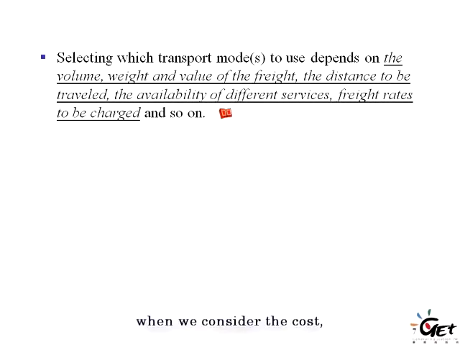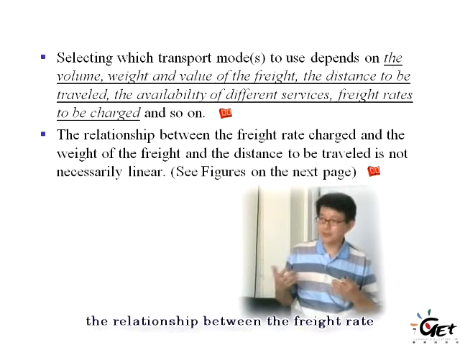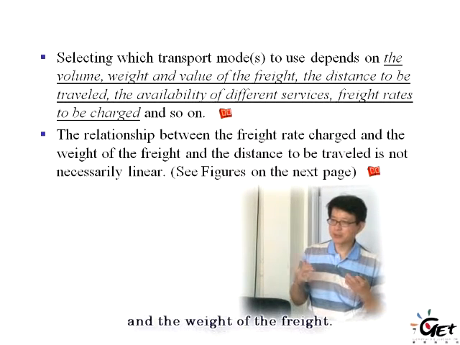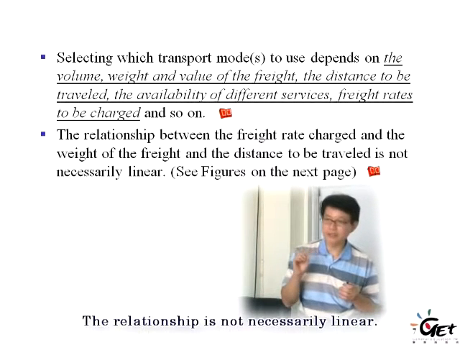So when we consider the transportation cost, we should have the idea that the relationship between the flight rate charged and the weight of the flight is not necessarily linear.